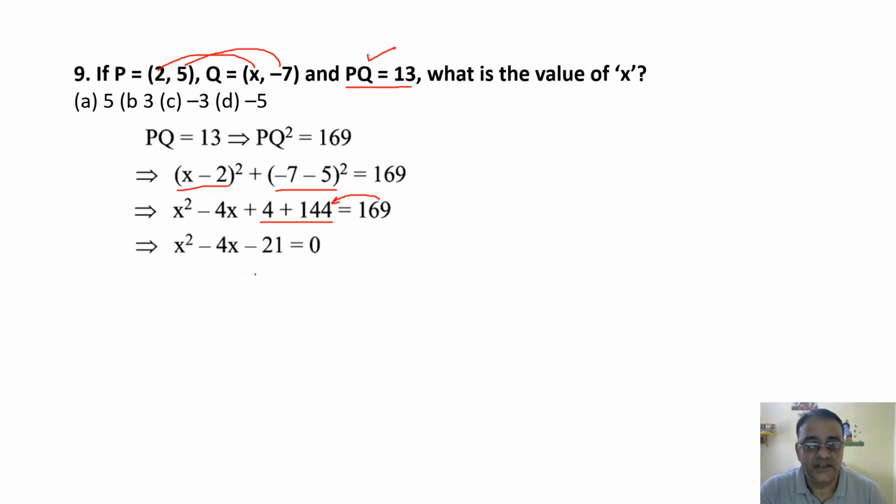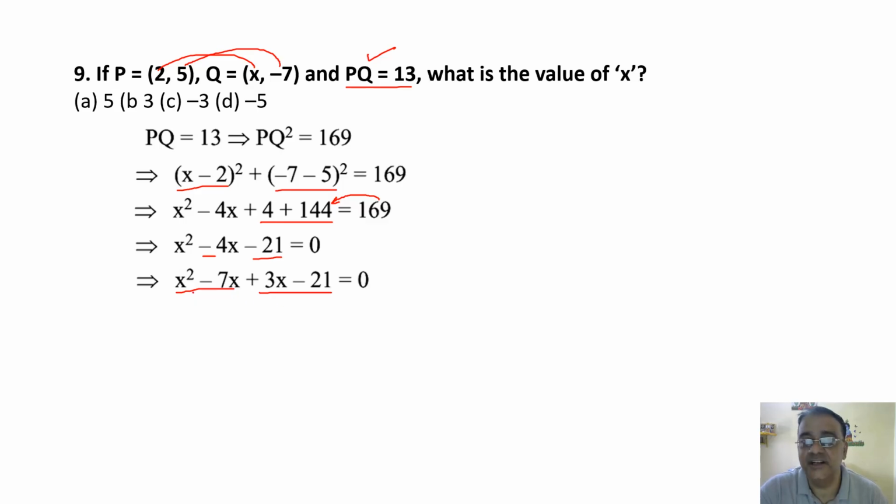148 minus 169, -21. So -21 product is negative. Again 21 का दो फैक्टर जिसका डिफरेंस 4 होना चाहिए, 7 3, right? And the sign of sum is negative, so -7 + 3 and the common between these two is x और इन दोनों के बीच में 3 है, right?